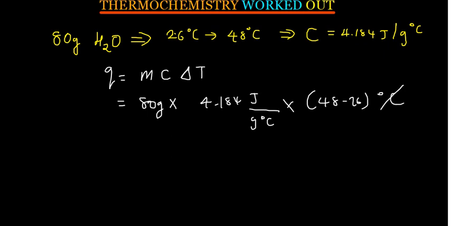The degrees Celsius cancels with the degrees Celsius, the gram cancels with the gram. So the answer, if we do the multiplication, will be 7,363.8 joules.